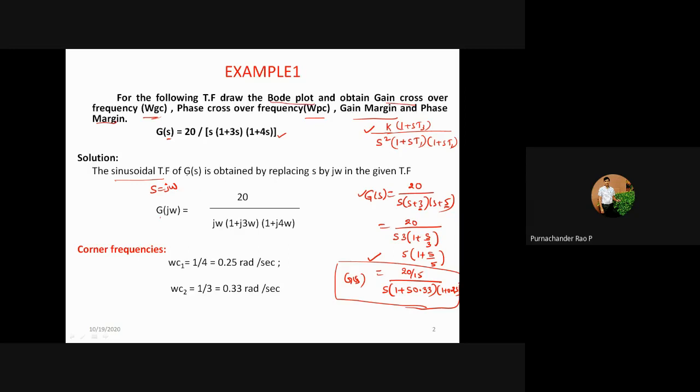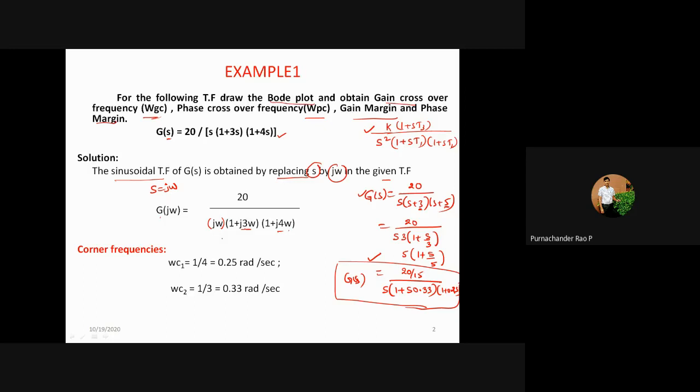The sinusoidal transfer function of G of s is obtained by replacing s by j omega in the given transfer function. So G of j omega is equal to 20 divided by s, so here s is there, so we directly write j omega, 1 plus 3 times j omega, 1 plus 4 times j omega.